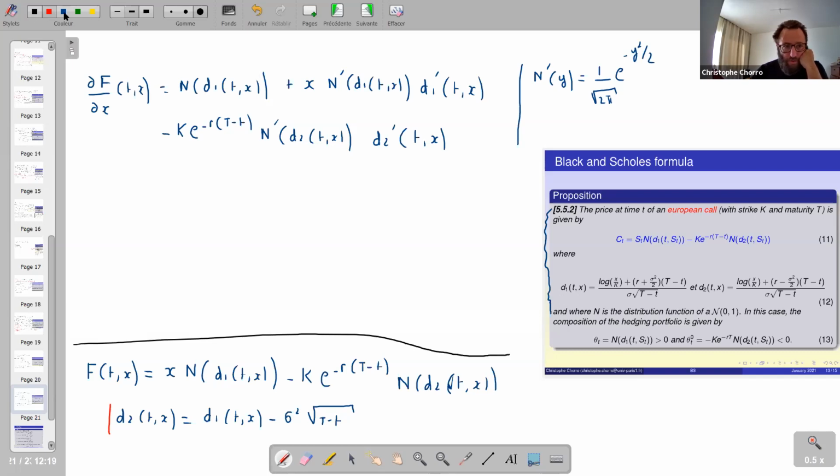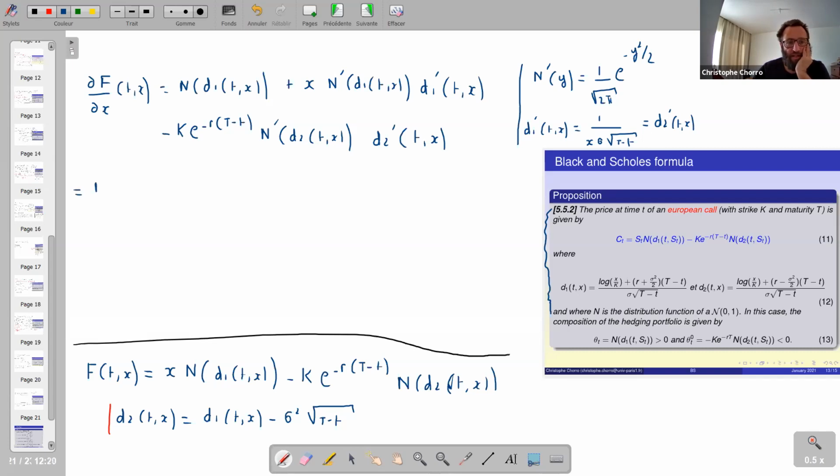If I compute d1 prime of t, x, the derivative of d1 with respect to x, it is very easy to obtain, and I obtain 1 over x sigma, the square root of capital T minus t. And according to this formula, it's the same as the derivative of d2.